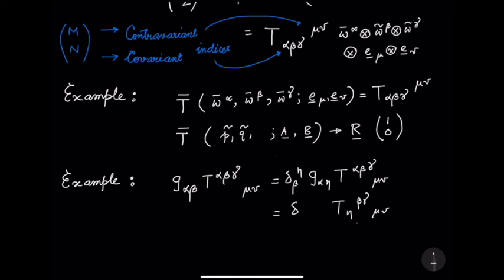And then I have the G is used up, right? And in the next line, you can see what you can do. Because this is a delta function, the sole purpose of that is to replace eta with beta. So this becomes T beta, beta gamma, mu nu.